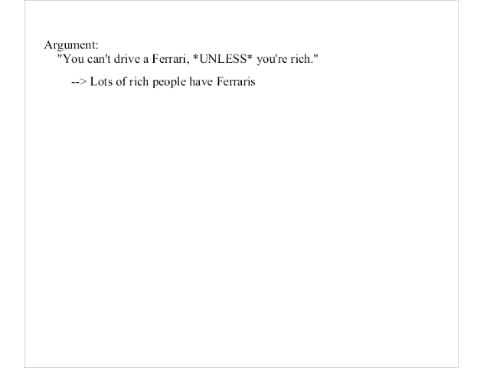The argument says you can't drive a Ferrari unless you're rich. So if I say something like, lots of rich people have Ferraris, this doesn't help. This doesn't matter because it's already been discussed.